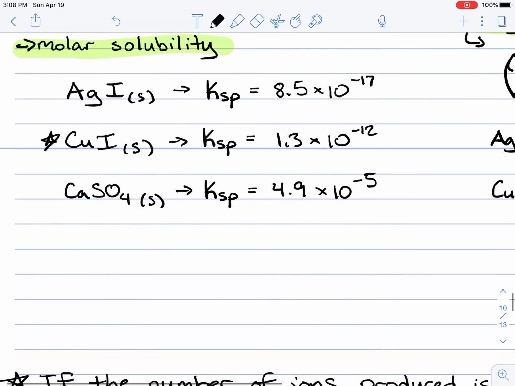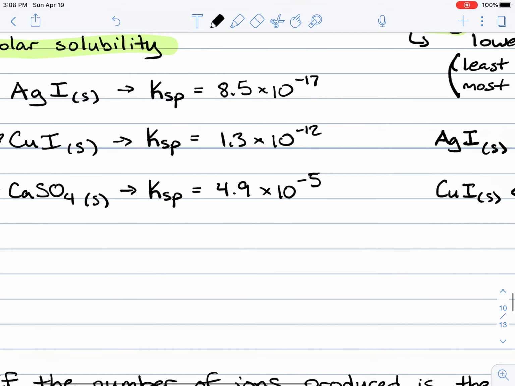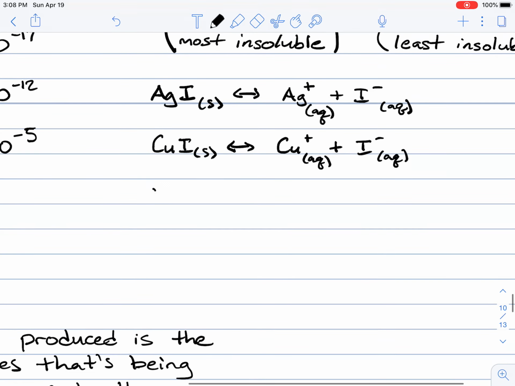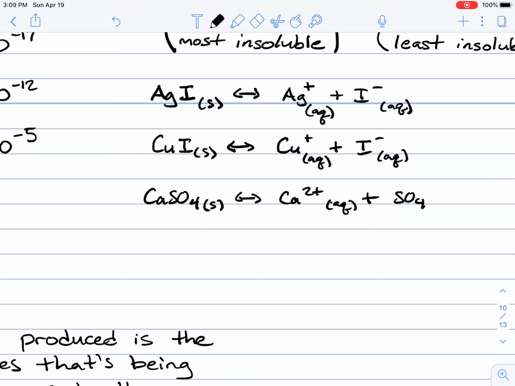And last but not least, if we look at calcium sulfate, when a small fraction of this slightly soluble, mostly insoluble substance dissociates, it's going to produce a calcium ion and the sulfate ion.